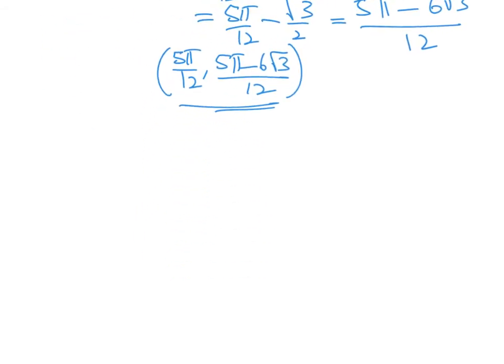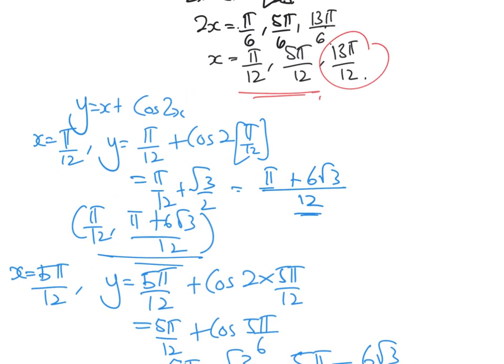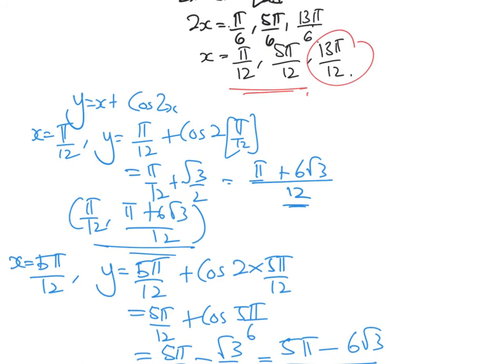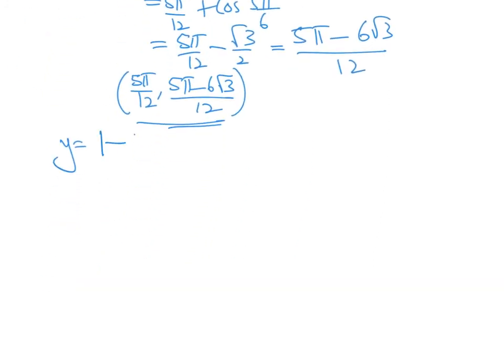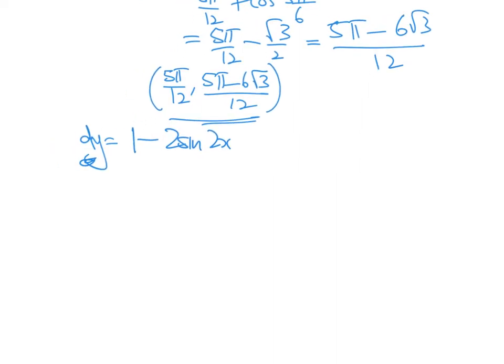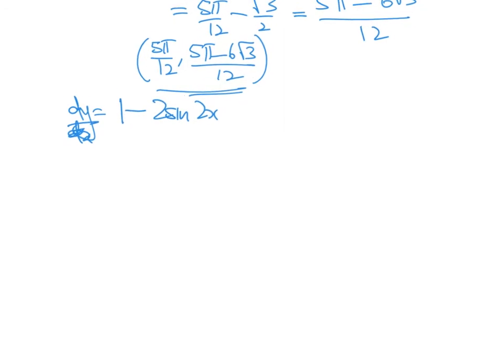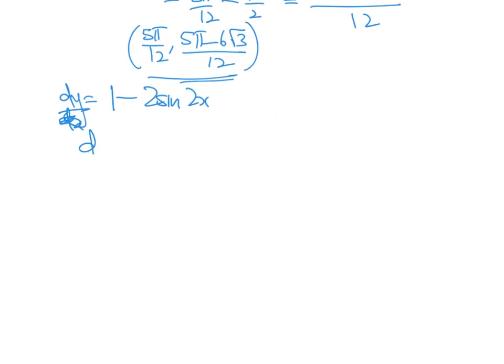We already have dy over dx equals 1 minus 2 sine 2x. To find the second derivative, d2y over dx squared, the 1 gives 0, and then negative 2, I take that out.